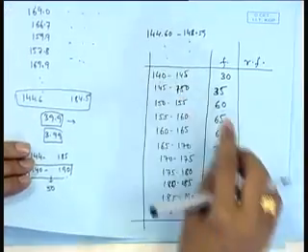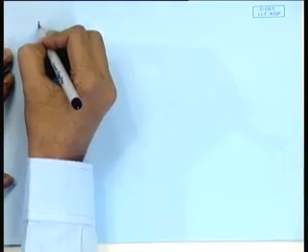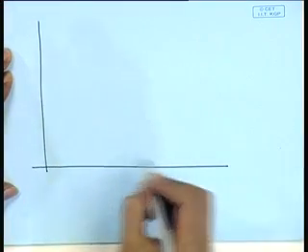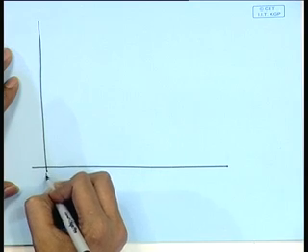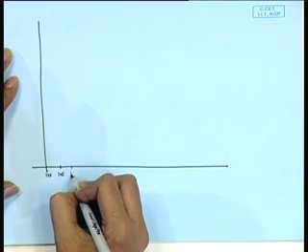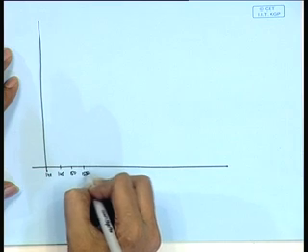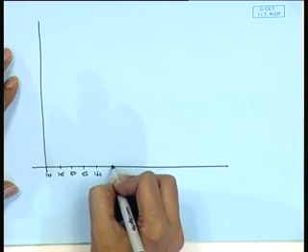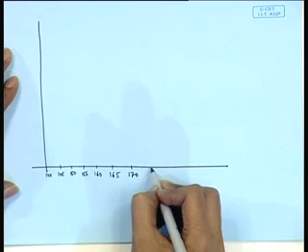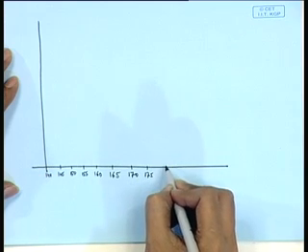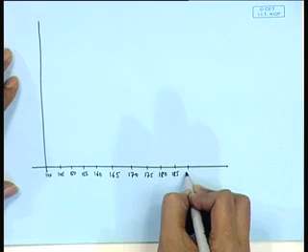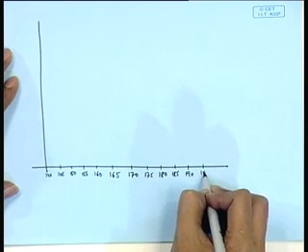So, for this data, one may consider class intervals from 140 to 145, 150, 155, 160, 165, 170, 175, 180, 185, 190, 195.